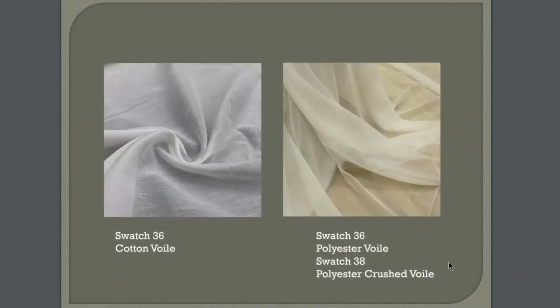So touching, I would like you to feel the hand of a cotton voile. Now feel the hand of the polyester or filament voile. So sample 37 is what most shears are made of, right?